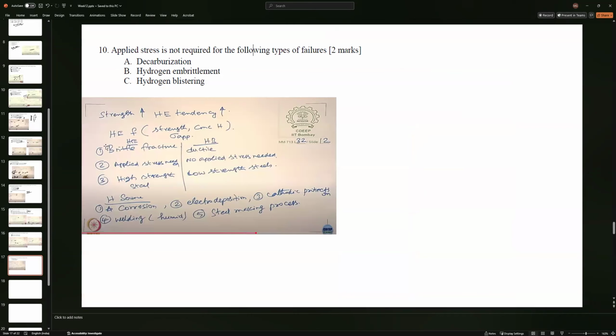And this slide is comparing embrittlement and blistering. What type of fracture happens? So, brittle fracture here, ductile here.